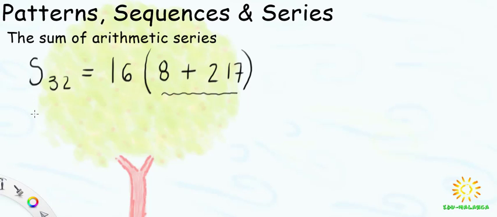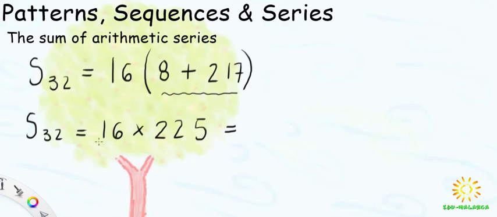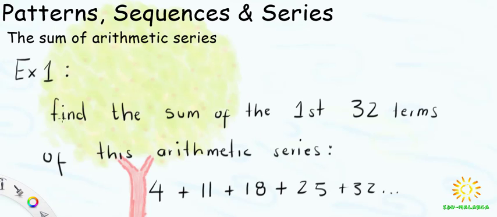So S32 is going to equal 16 times 8 plus 217, which is equal to 225. And if you put this into your calculator, you'll find that S32 is equal to 3,600. We've now solved the first example on the sum of arithmetic series, which asks us to find the sum of the first 32 terms.